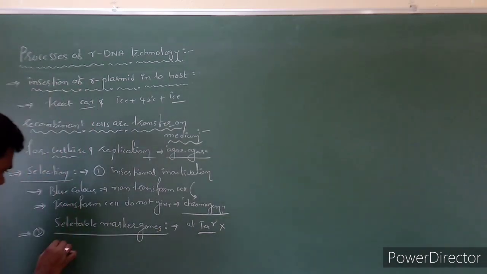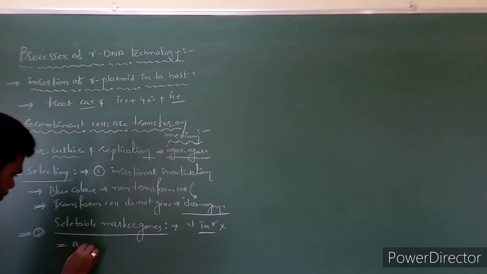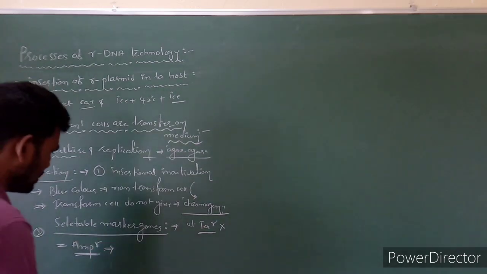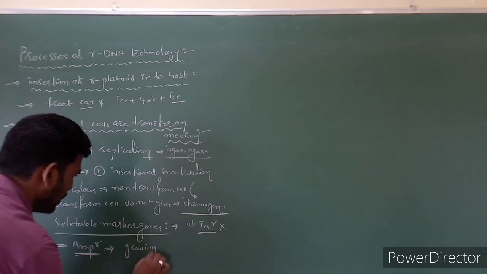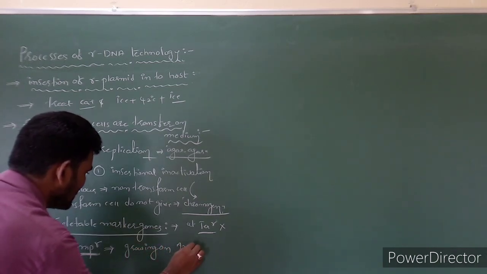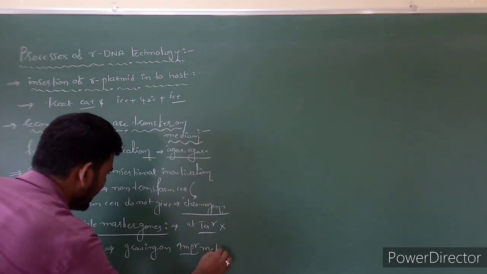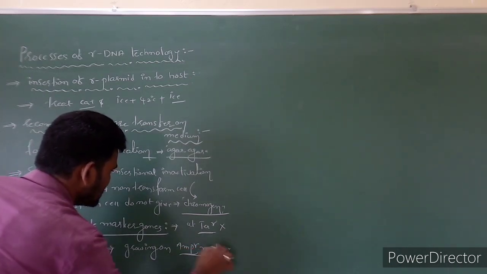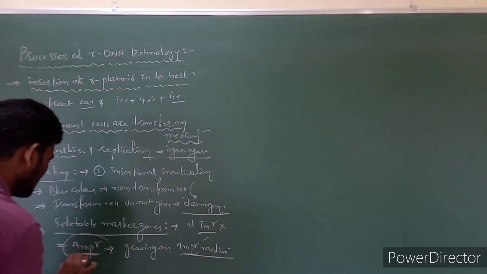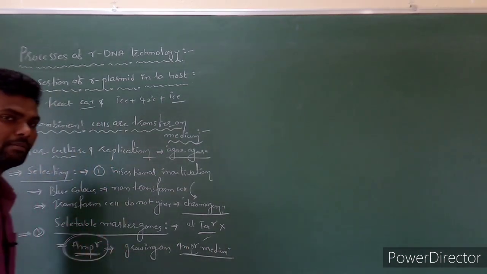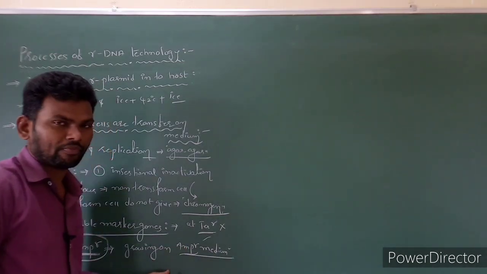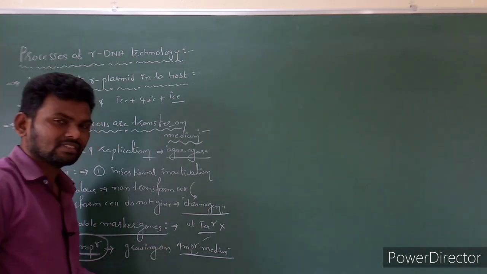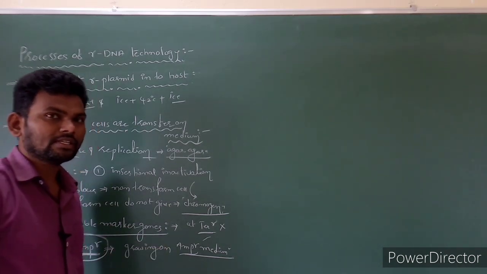But it already has ampicillin resistant genes, so that's why the bacteria grow on the ampicillin resistant medium. In this medium only ampicillin resistant bacteria, nothing but recombinant bacteria, are going to grow. Other bacteria are not going to grow on this medium. So this is actually the technique of selection of recombinant cells.